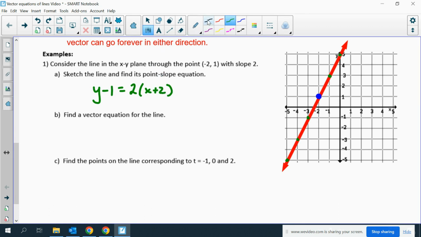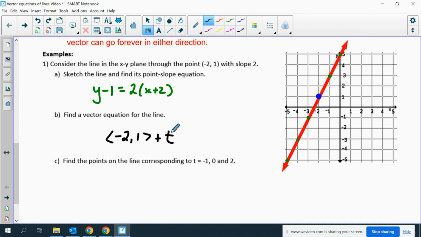Now let's do a vector equation for the line. So the first vector would be this one that gets us onto the line. So that position vector would be (-2, 1). And then after we get there, we just take vectors that can add or subtract in any direction with the correct slope, basically.